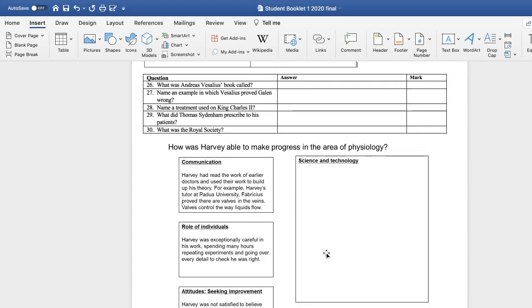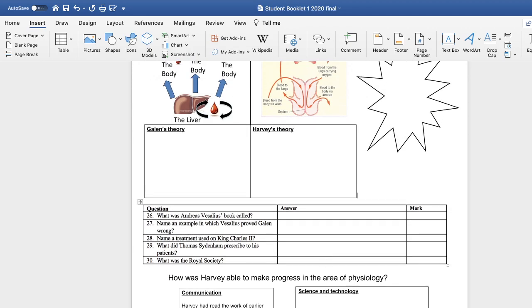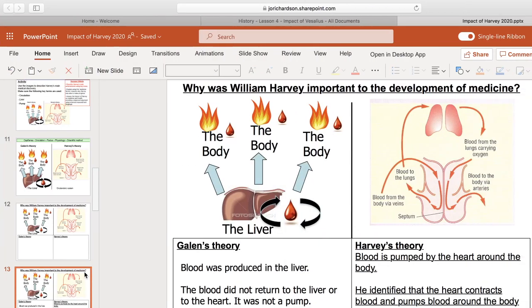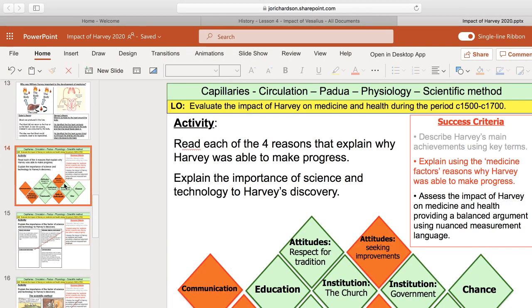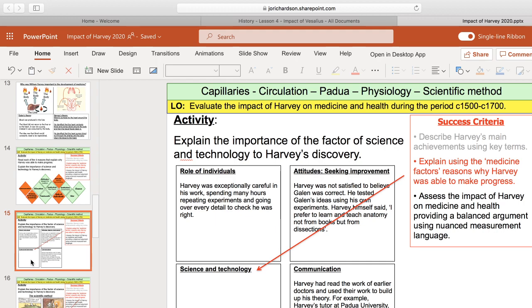Okay, so the whole point of today's lesson isn't, like I said, to know the science behind it, but more importantly to think about what the reasons were that he was able to make progress. Our idea is we need to think about the factors of medicine. Those are already highlighted for you here.